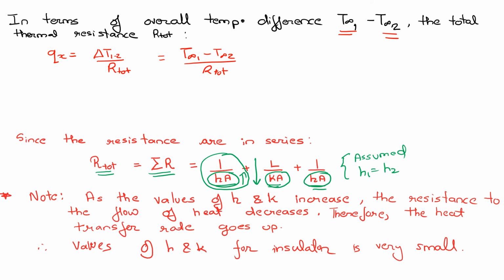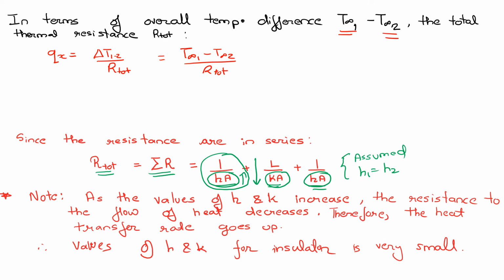So what does that translate to? It translates to that if you have higher values of H and K, the heat transfer rate will go up. So you will have faster heat transfer through your material.